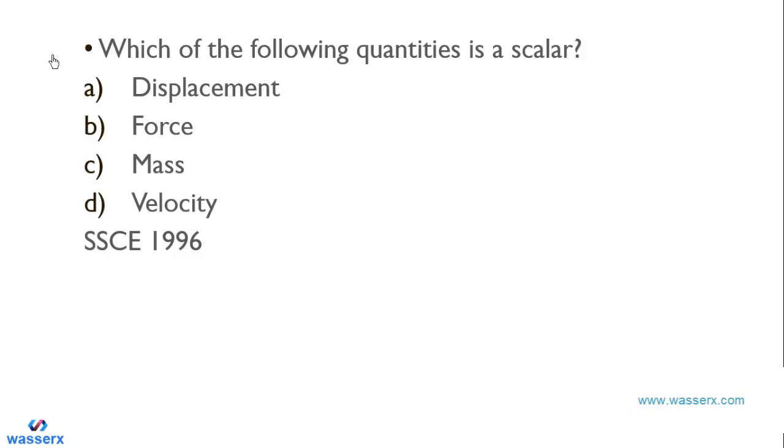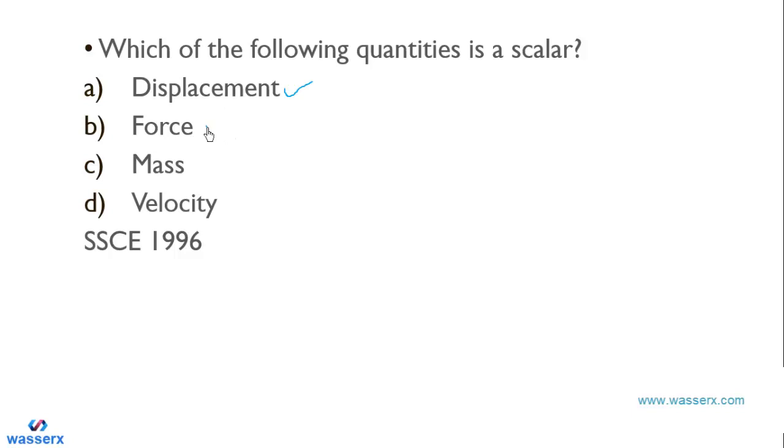Last but not the least, we have this question. Which of the following quantities is a scalar? A scalar quantity is a quantity that has a magnitude, but no direction. Displacement has magnitude and direction.